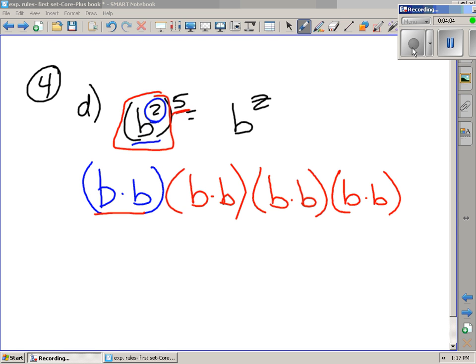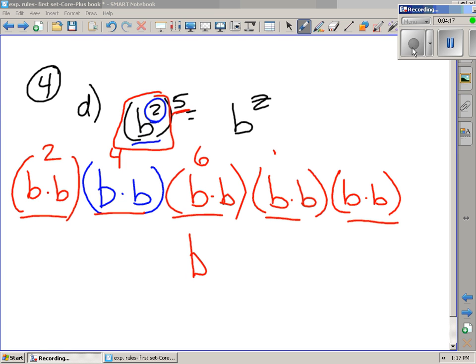I'm going to add one more over here so that it fits better. So we wrote it out 1, 2, 3, 4, 5 times. So in total, we have 2, 4, 6, 8, 10 b's written out. So we have b to the power of 10. So the base is b, the power is 10. So in this case, z is equal to 10.